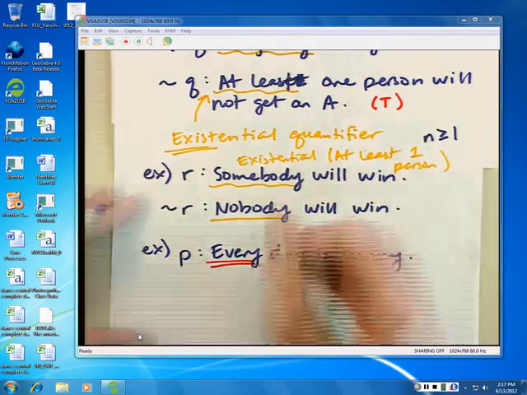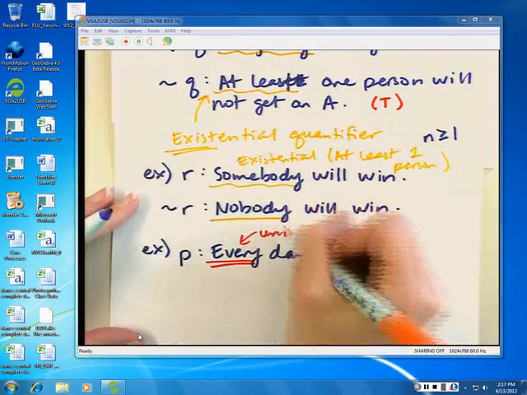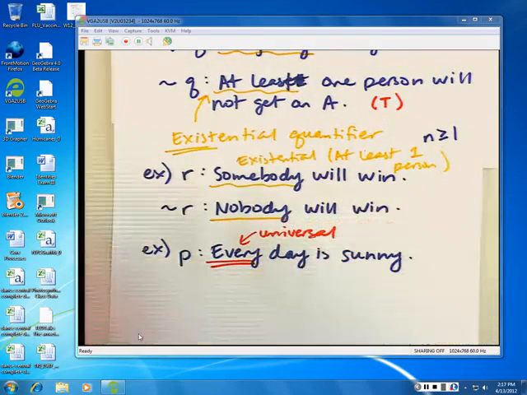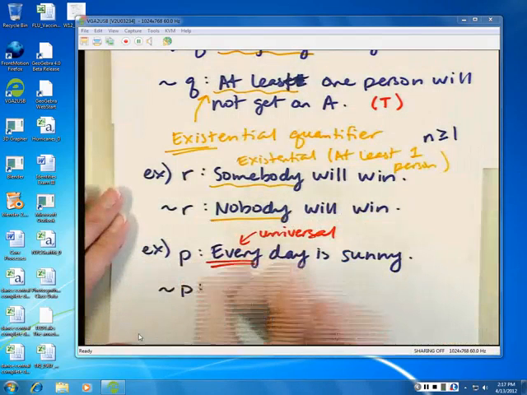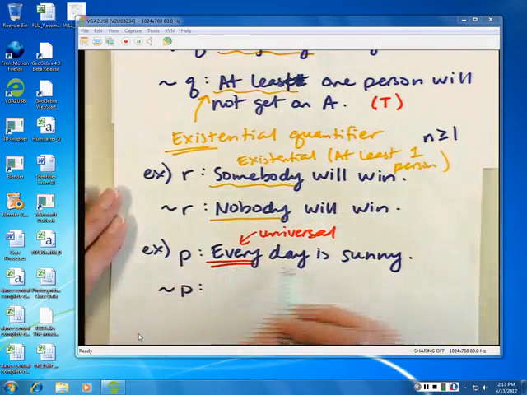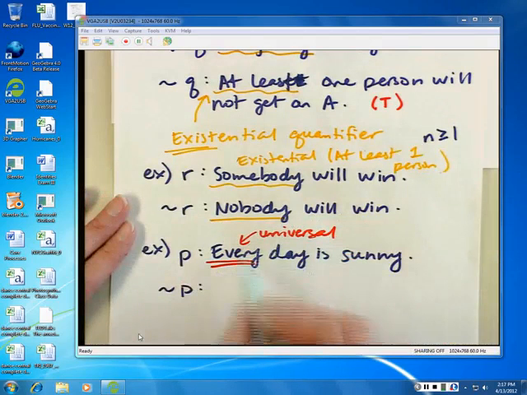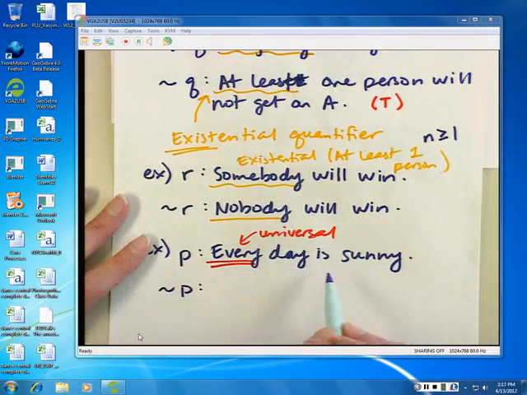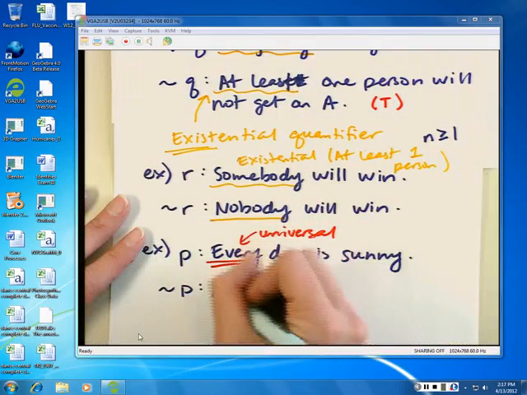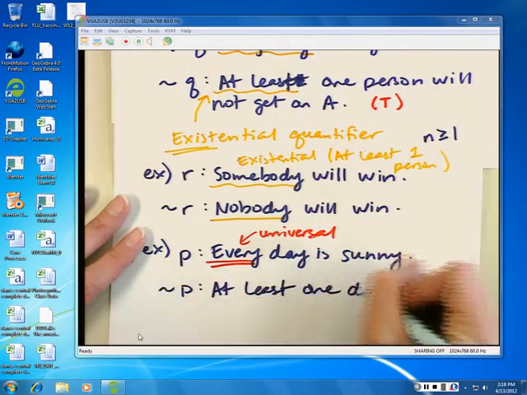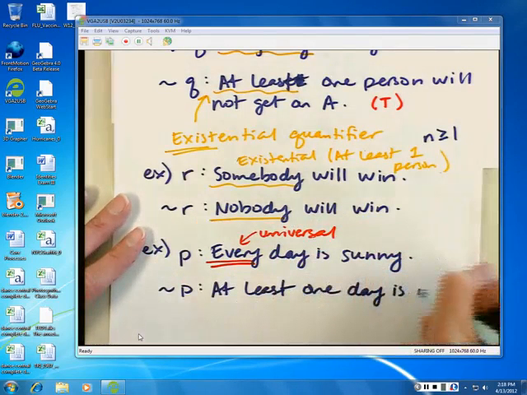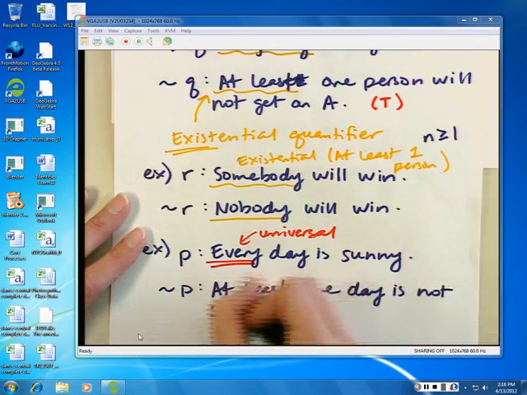So this is a universal quantifier. To negate this, I need an existential quantifier. So to change the truth statement, I need to find at least one that isn't sunny. So I'll say at least one day is not sunny.